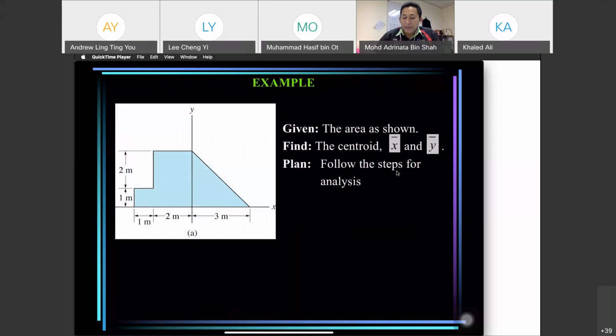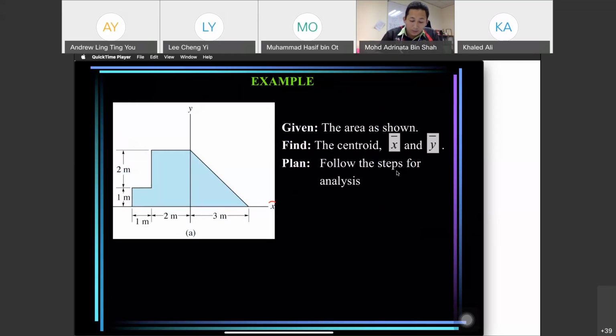Given the area as shown, find the centroid X bar and Y bar. So this is X, this is Y. We need to find the centroid. So where is the centroid? Is it here? Is it here?